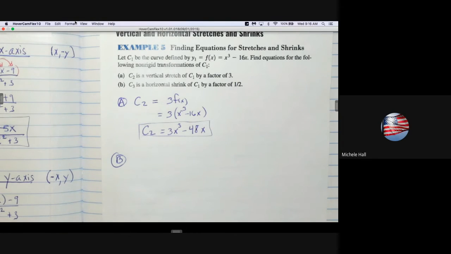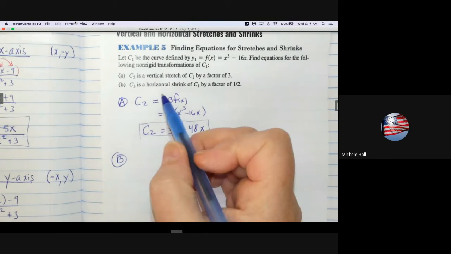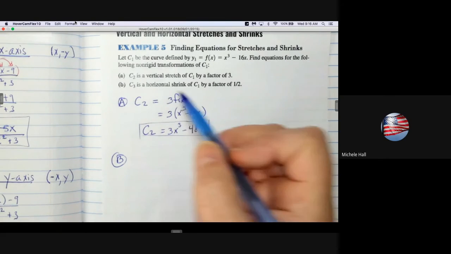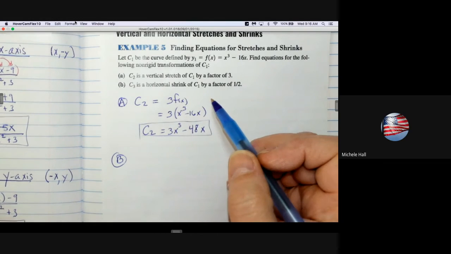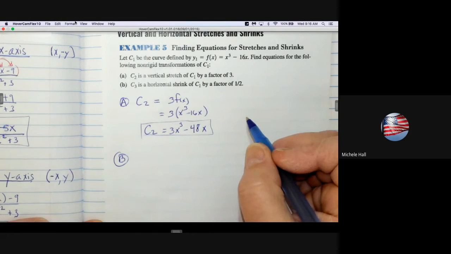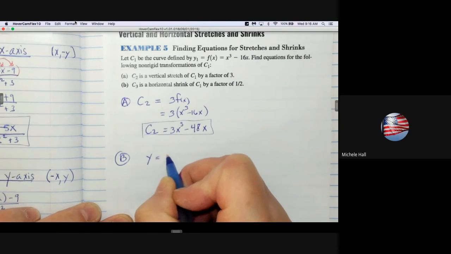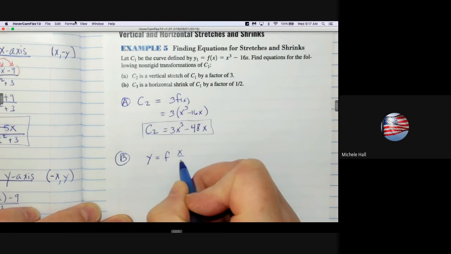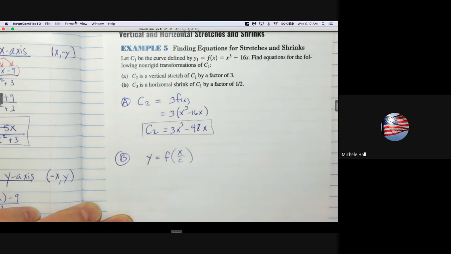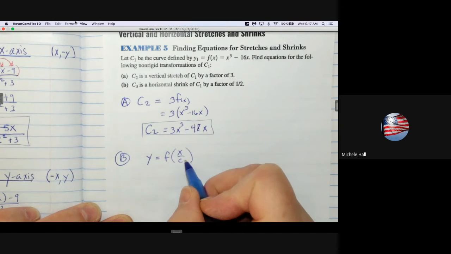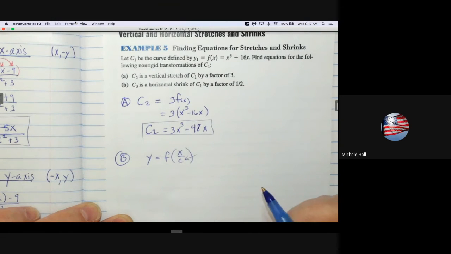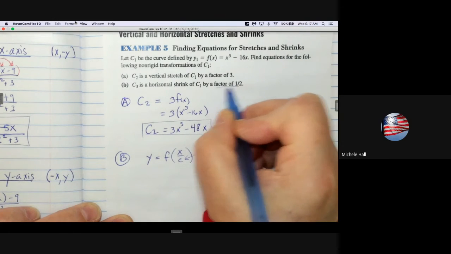I am going to use the book's definition for shrink. We have that for a horizontal shrink, if I had the function y equals f of x divided by c. Here, c is a half, a factor of a half.